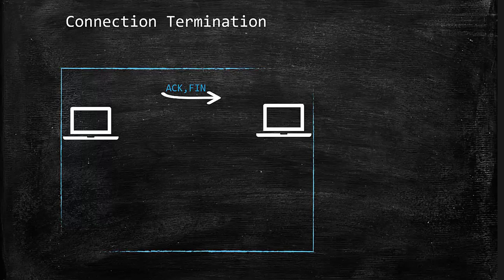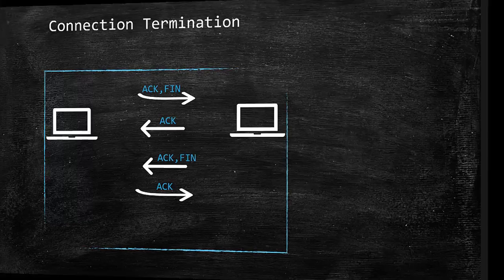And the destination responds with 2 packets in a row. First one with ACK flag set, and the other one with ACK and FIN flags set. And finally, the starter again sends a packet with ACK flag set. This means that this connection is terminated now.